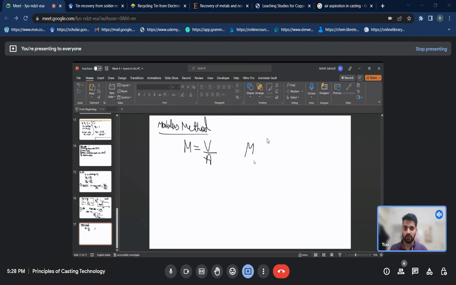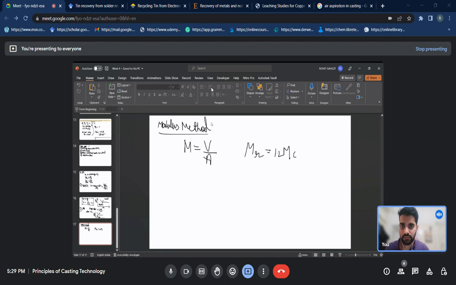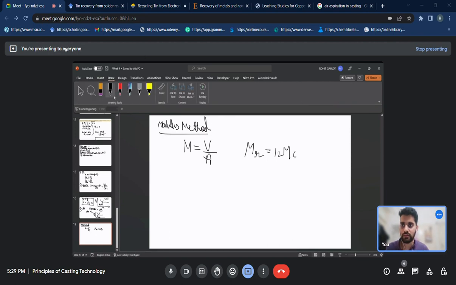And if the question does not give the relation between the modulus of the riser and the modulus of the casting, we generally take it as 1.2 times the modulus of the casting. So these are the four methods whose problems we will be discussing in a detailed manner in the next class.